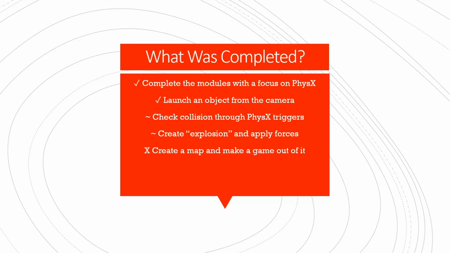I was able to inherit a couple of the functions and get some objects to trigger, but not everything would trigger when they collided all the time, so it wasn't working fully and I wasn't able to do much with the triggers. I was able to create an explosion and apply forces, but because I couldn't do it with the triggers, it wasn't as impressive because it wouldn't seem like it was coming out of the rocket. We'll see more later on in the demo and it'll make a little more sense.